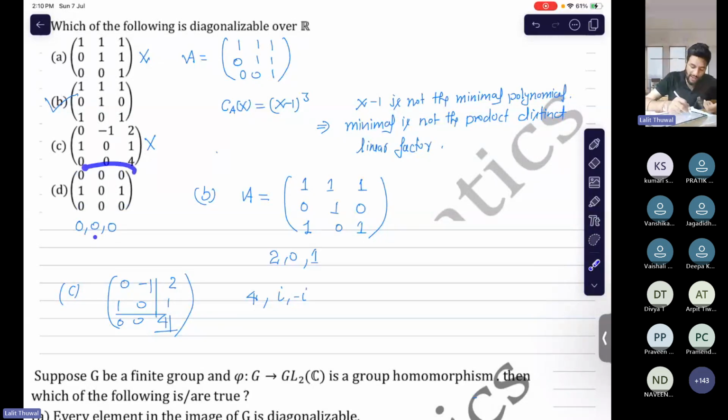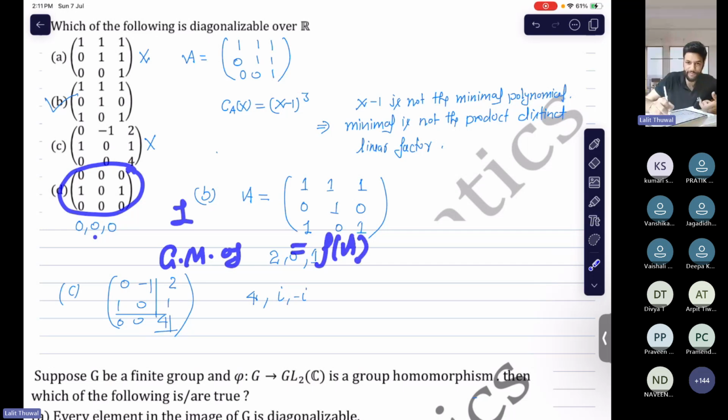Why? Because the rank of the matrix is 1. So the geometric multiplicity of eigenvalue 0 will be the rank of A. Rank of A is 1. It means the algebraic multiplicity of 0 is greater than or equal to... wait. So 1, right?